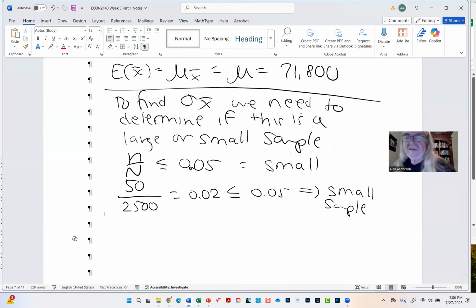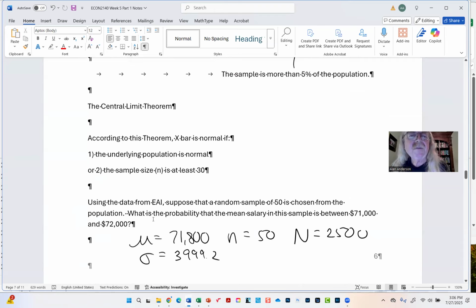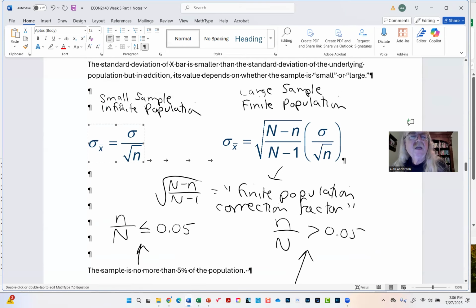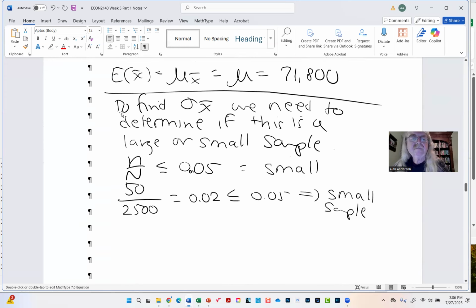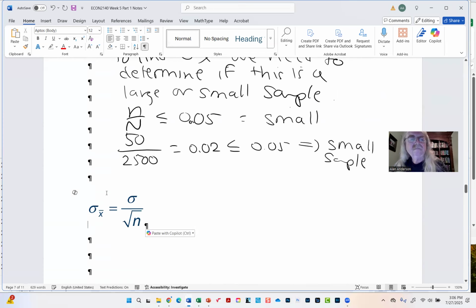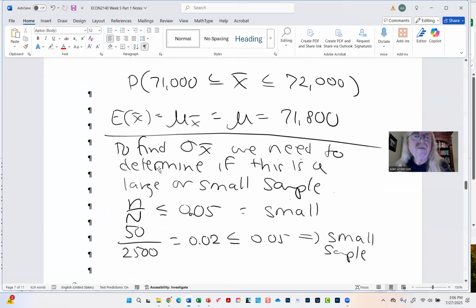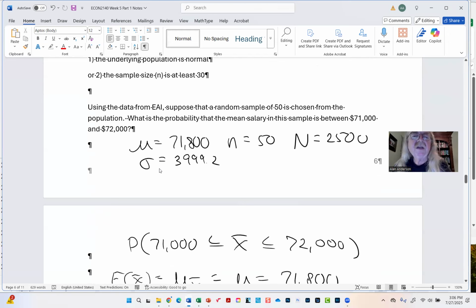And if you look at the table we have up here, when we have a small sample, we're going to use this to calculate our standard deviation for X bar. So remember that standard deviation for the entire population is 3999.2.